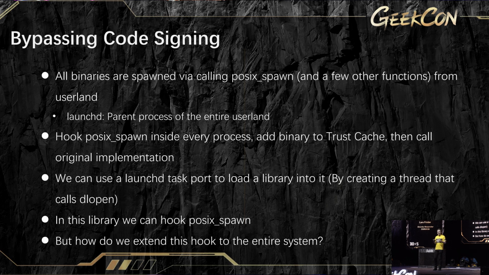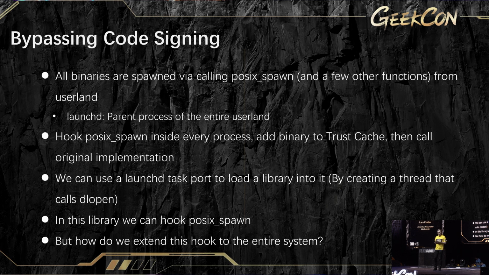To do this, when we already have arbitrary code execution, or with arbitrary entitlements using manual injection, we can have one binary obtain a task port to launchd. Then it can spawn a thread that calls dlopen on some library. As long as this library is in the trust cache, it can inject into launchd. And then we get code execution inside launchd, and we can hook posix_spawn there to start out with.